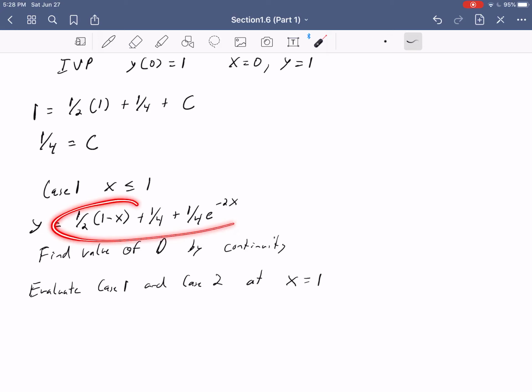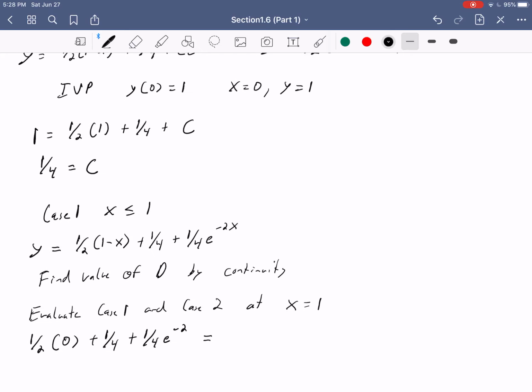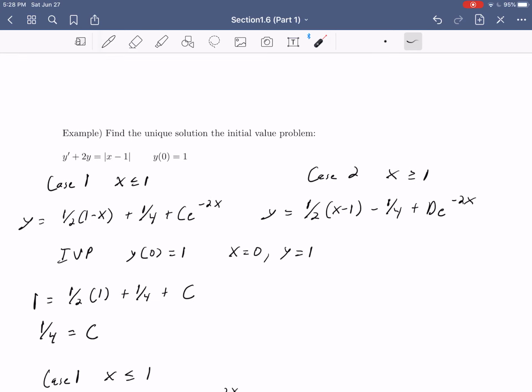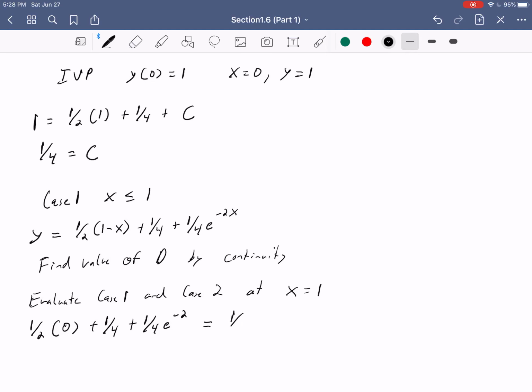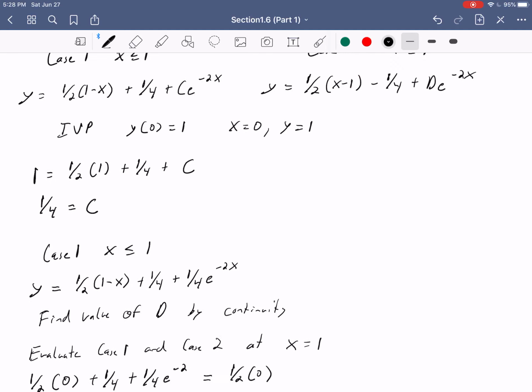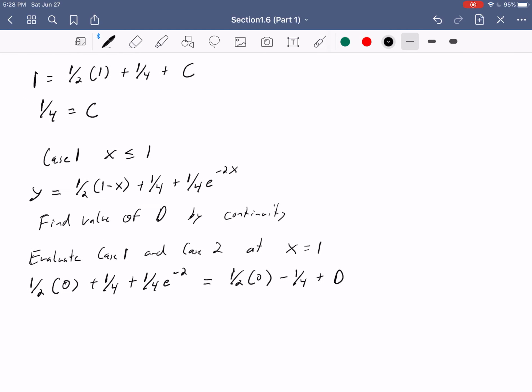So in case 1, we now know that that would be 1/2 times 0 plus 1/4 plus 1/4 e to the minus 2. And we're going to set that equal to evaluating this at x equals 1, which would be 1/2 times 0 minus 1/4 plus d times e to the minus 2.